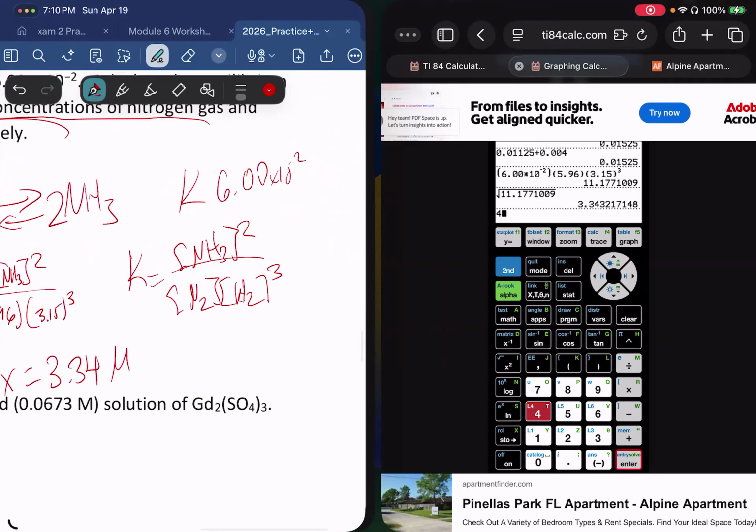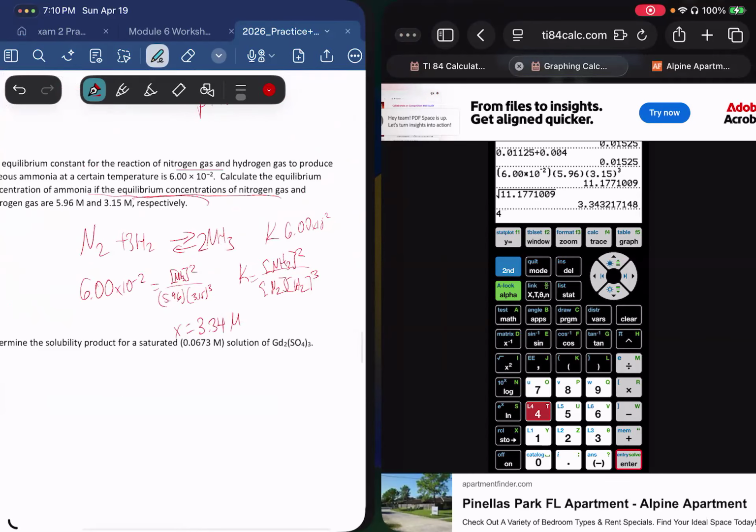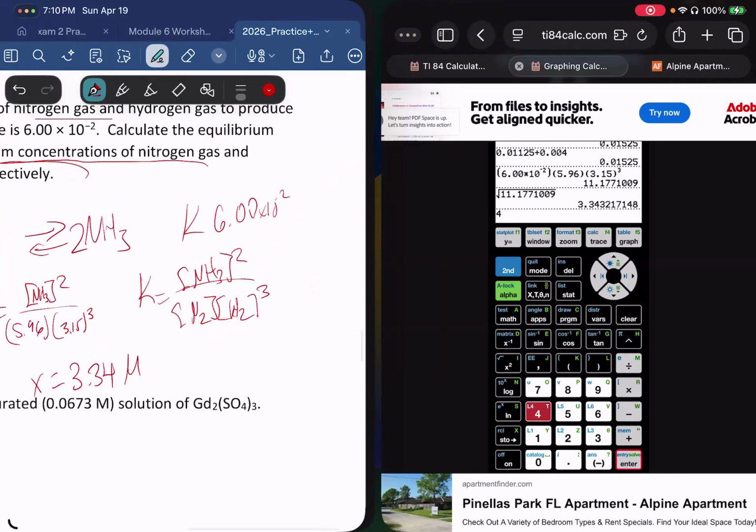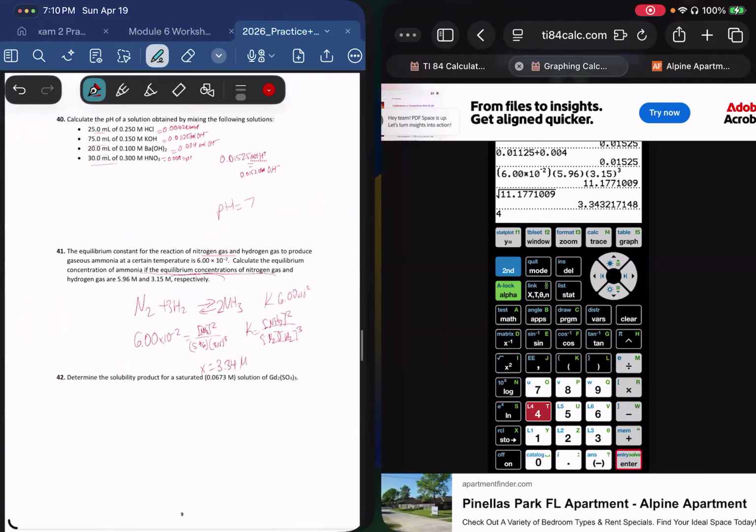We're just plugging it in because we already know the equilibrium concentrations. There are no initial amounts, so there's no change. When you do 2x or 3x, something's changing. Does that make sense? Yeah. Okay, sounds good.